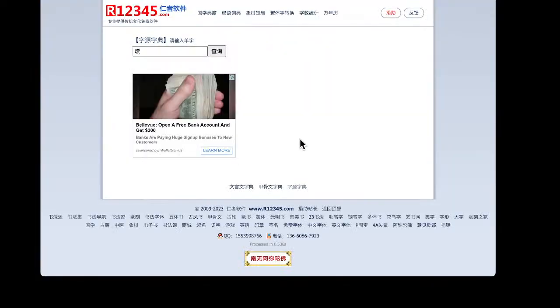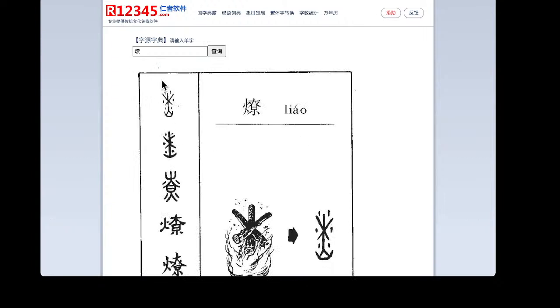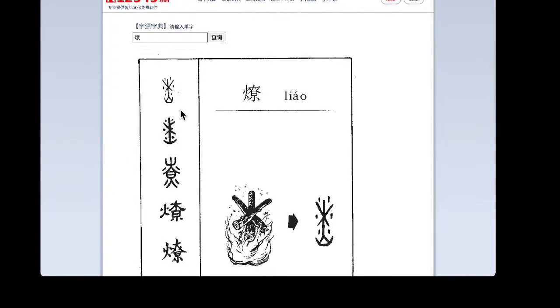Now let's take a look at the character itself. Fire radical, right? That's obvious. If you look at the very old character, the oracle bone character, this literally is fire burning over the grassland. You see trees, woods, ashes.